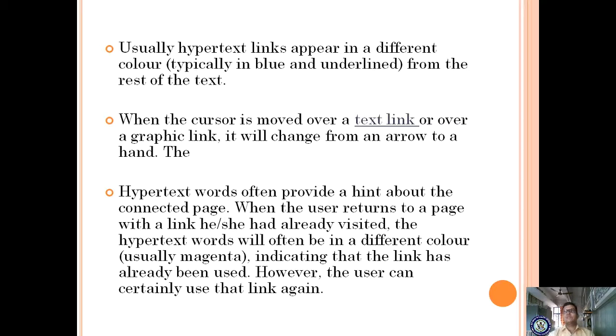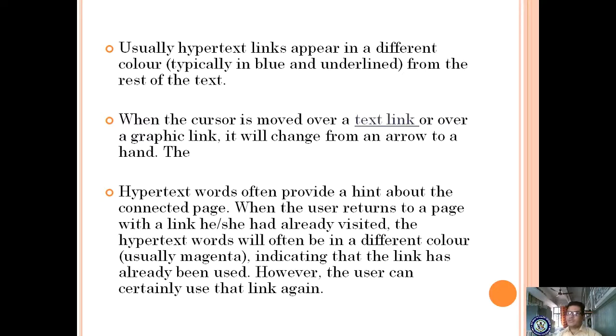When the user returns to a page with a link he or she has already visited, the hypertext word will often be in a different color. Whenever we visit that hyperlink, automatically the blue color will turn into some other color, indicating that the link has already been used. So the blue color turning into another color, such as magenta, means you have already visited that page. However, the user can certainly use that link again.